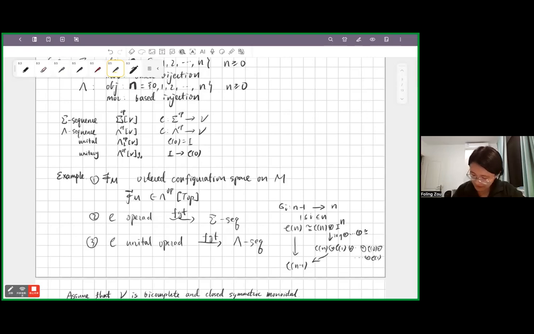And the structure map here will send Cn tensor C1 tensor ... tensor C0 tensor ... tensor C1 to Cn-1, because now we have n-1 copies of C1 and one copy of C0.